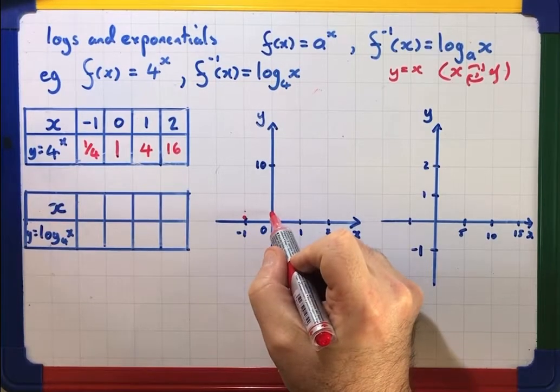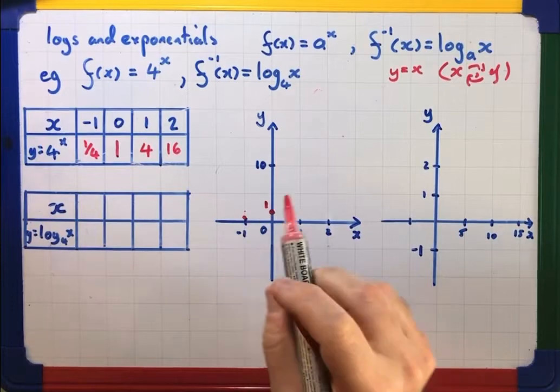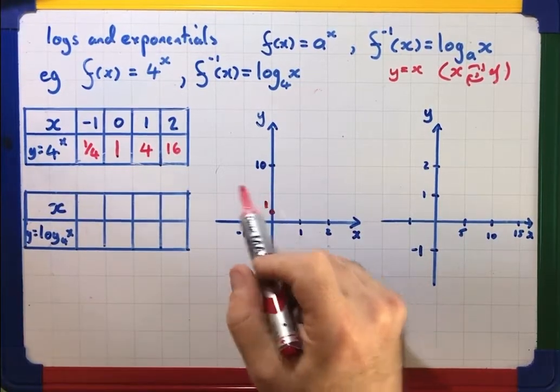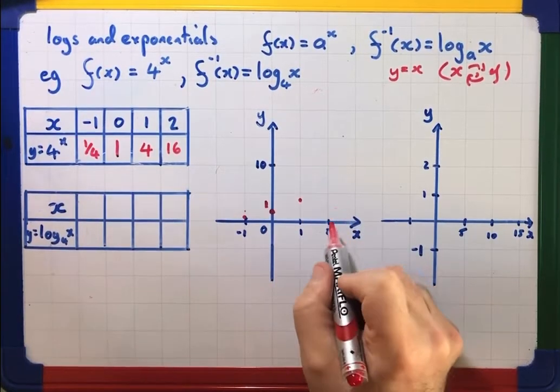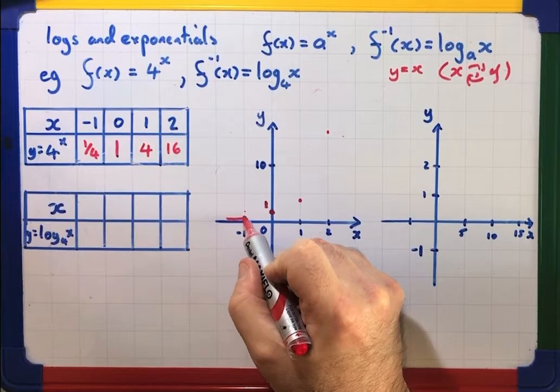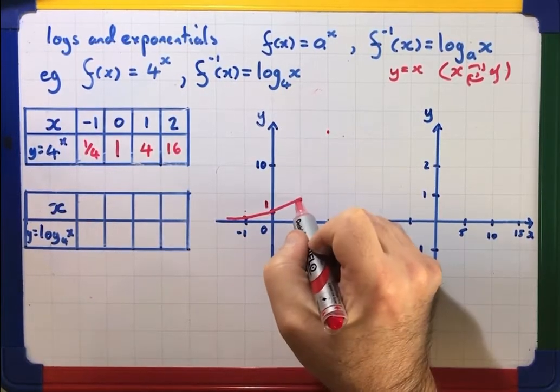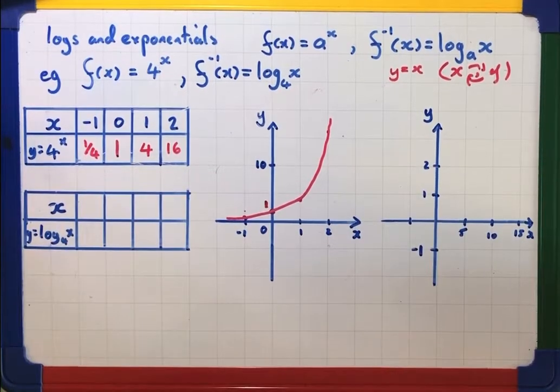We would have 0, 1, which is about there. 1, 4, which is about there. And 2, 16, which is about there. You can see how quickly this thing grows.